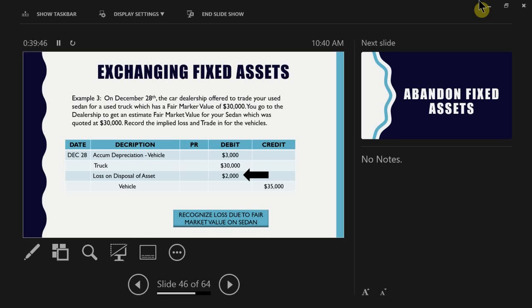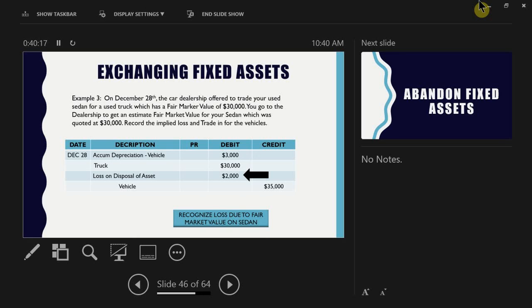No one's ever going to pay more unless there's some kind of added value to it, if you added something to it, or maybe you didn't drive it as much. They're professional appraisals, especially for vehicles. They can determine what the actual true fair market value is going to be. So in this case, I must record that for this trade-in, I end up losing $2,000 for trading my vehicle for a truck.